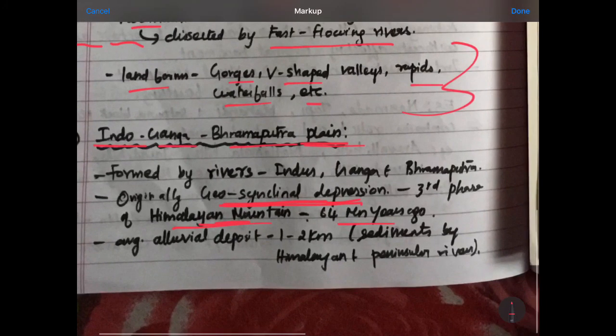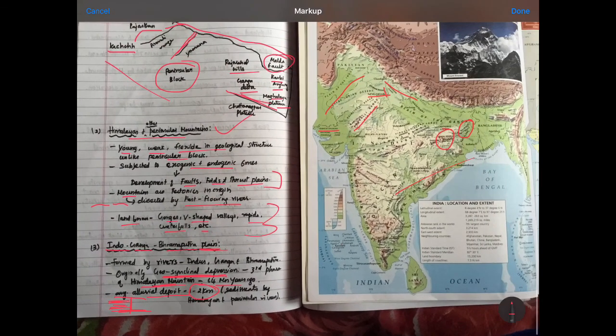And the average alluvial deposit, which means sediments collected from the Himalayas and peninsular rivers, is about 1 to 2 kilometers deep. So if this is the land area, due to deposition of 1 to 2 kilometers, it is full of alluvial soil, alluvial deposits.